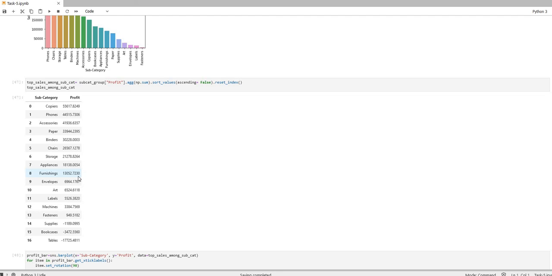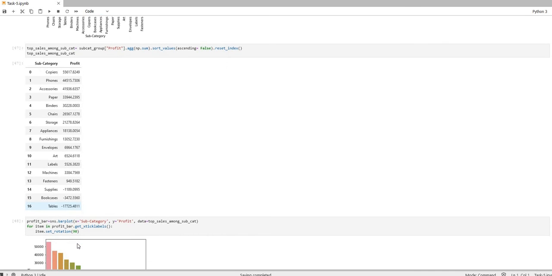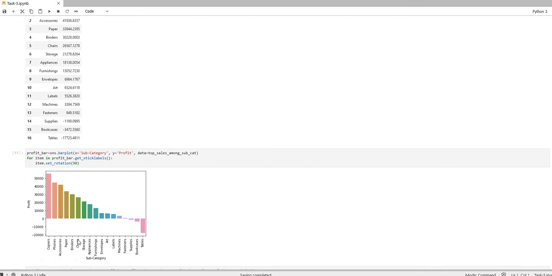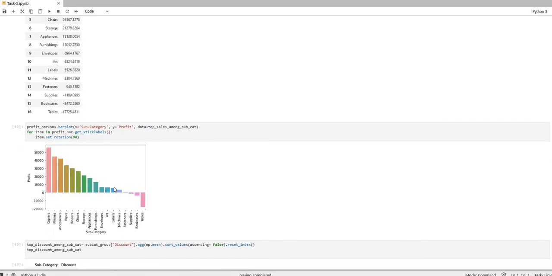Now if we look into profit, copiers have the highest total profit, then phones are second, and we can see that tables have the highest loss in total. Here is the visualization of the result above.